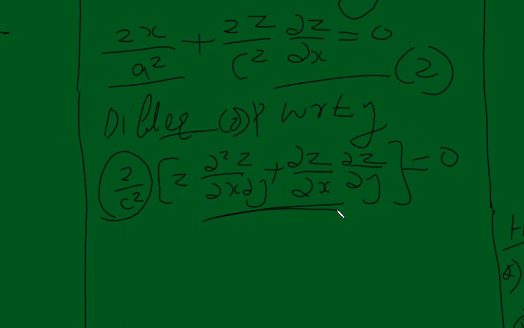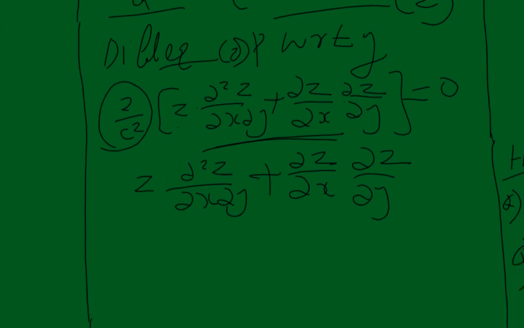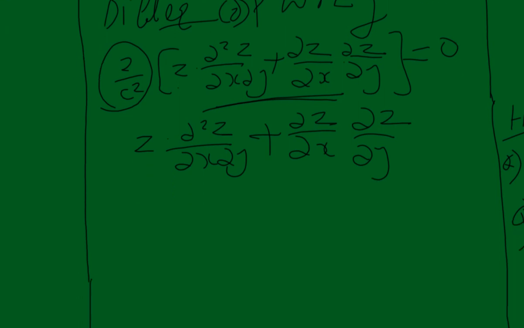So that is z into dou square z by dou x dou y plus dou z by dou x into dou z by dou y. We already know these values: z into s plus pq is equal to 0. This is the required partial differential equation.